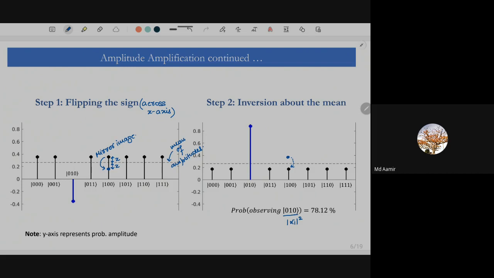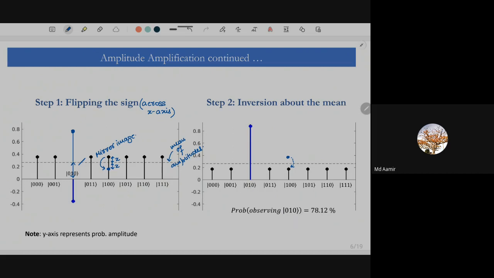Because the blue has this extra line here, and when we flip this, it will go even farther, because we are not taking the inversion about the x-axis, but rather around this mean. So in this way, we are increasing the probability amplitude, or the probability, of this 0 1 0.